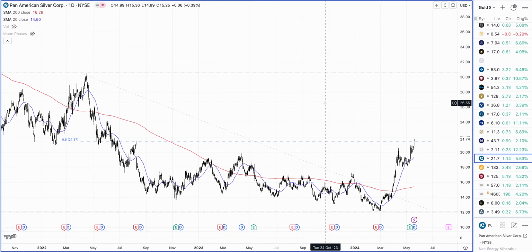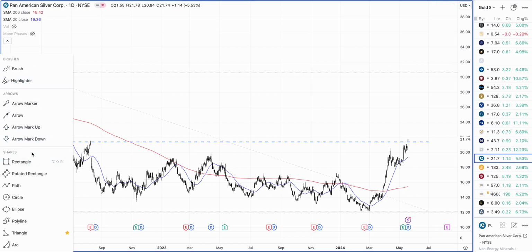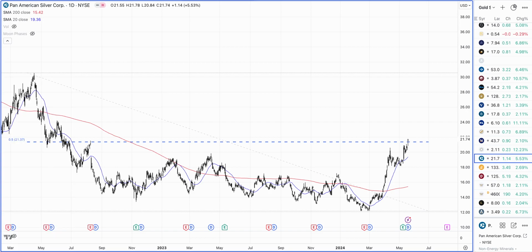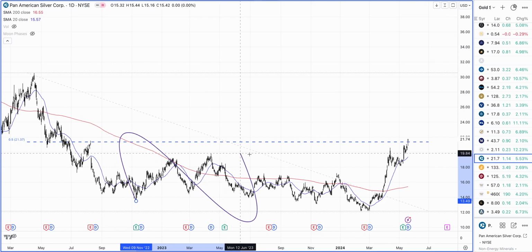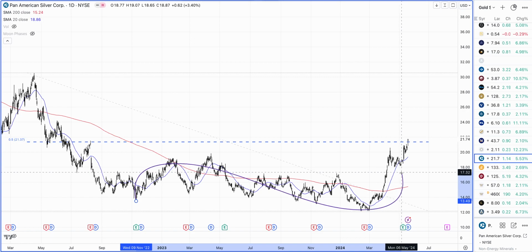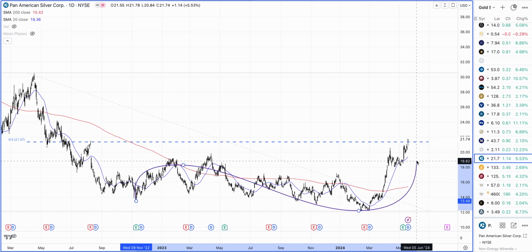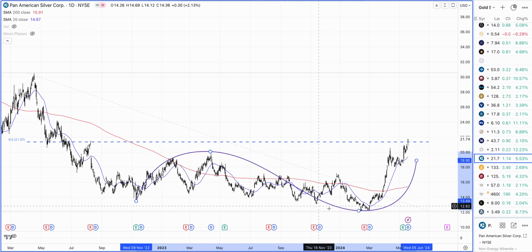This is more like a lot of accumulation here, in my opinion, more like a spring. If I could draw a spring formation, it's gonna be a little bit difficult, but let me actually try. Here we go. So you can see that it's like a coiling spring.